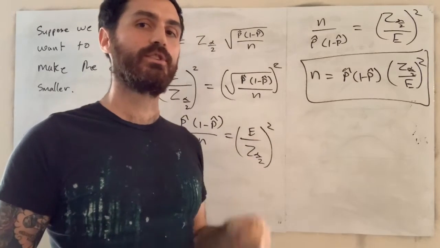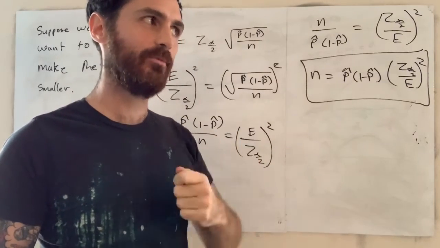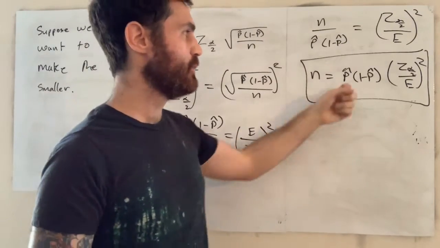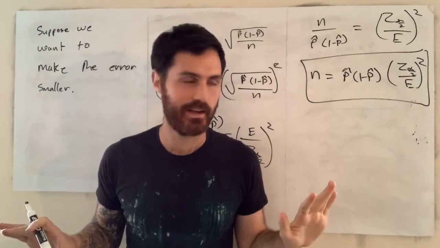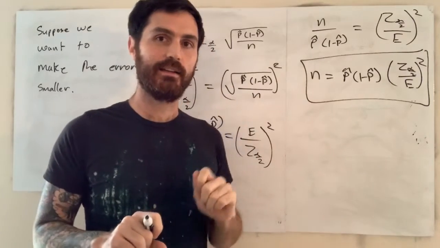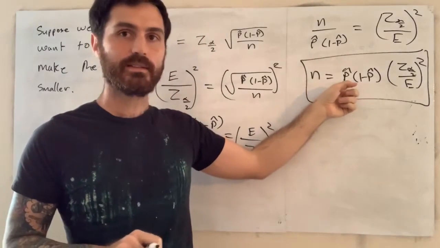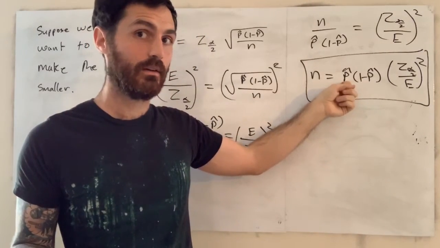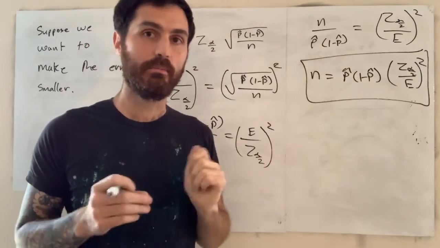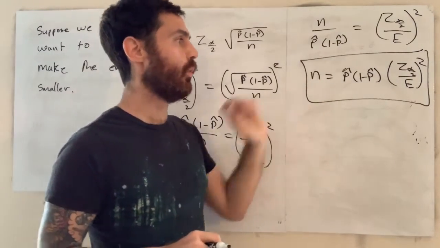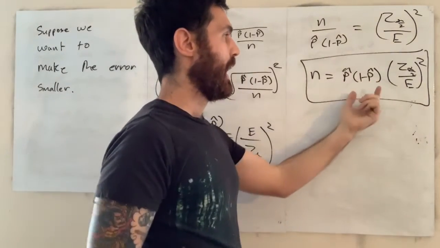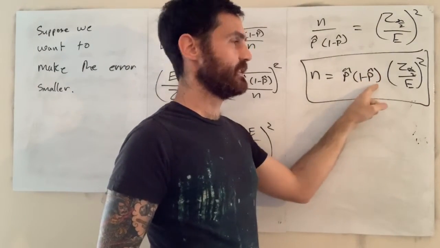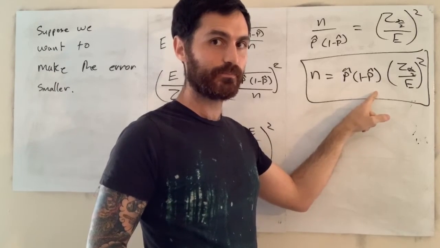Now, one thing you might notice is we have this p hat here. What if you want to aim for a small error, but you haven't done any sampling yet? You haven't done anything to guess what your proportion should be. You want to pick that. Well, the way you do that is you just figure out what is the largest this value can be.